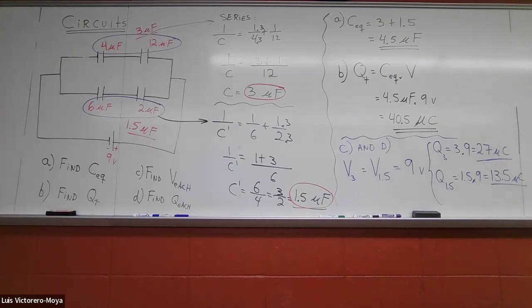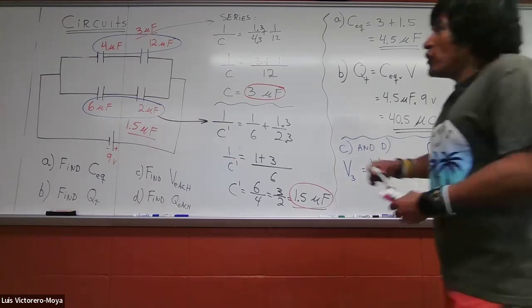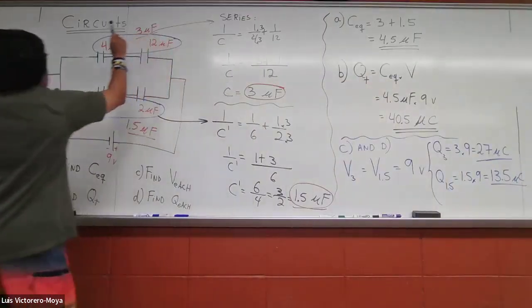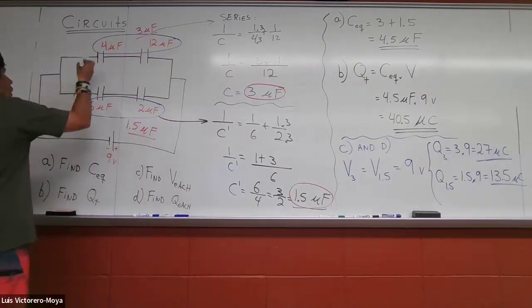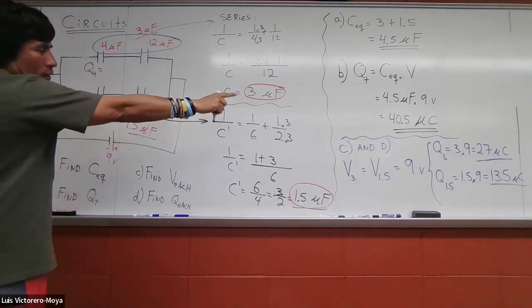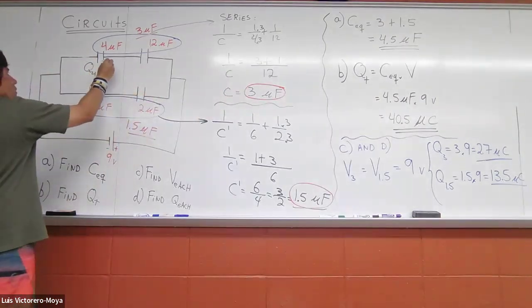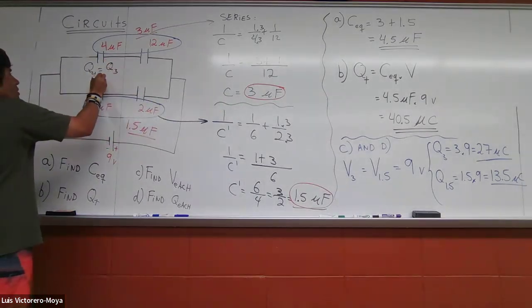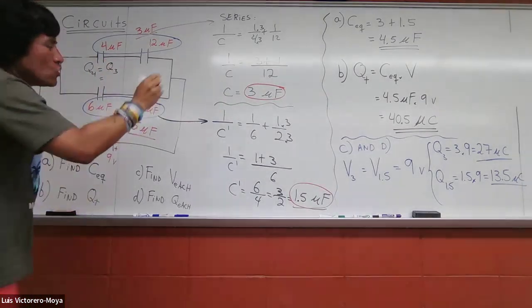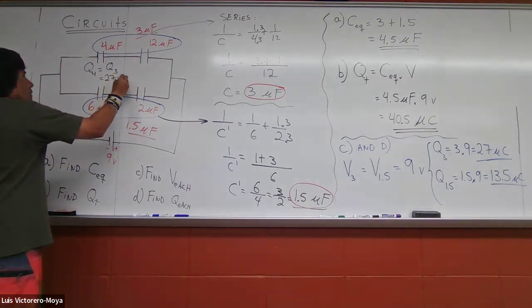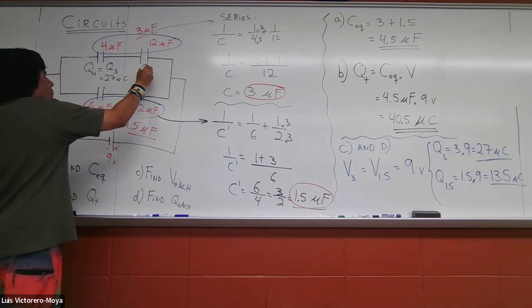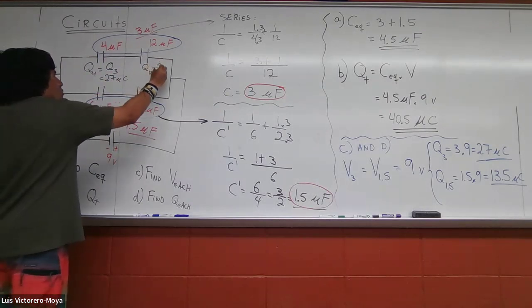And why do I do that? Because the charge on 3 is the charge on 4 and 12 in series. So the charge on 4 is equal to the charge on 3, which is how much? 27. So the charge on 12 is also equal to 27.